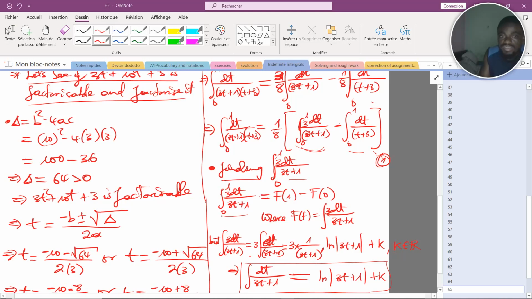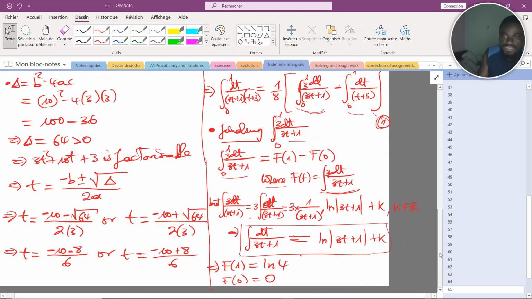And we know that the integral of this will be equal to capital F of 1 minus capital F of 0, where our capital F of t will be the primitive of this. Is that okay? So I hope you understand what I did.